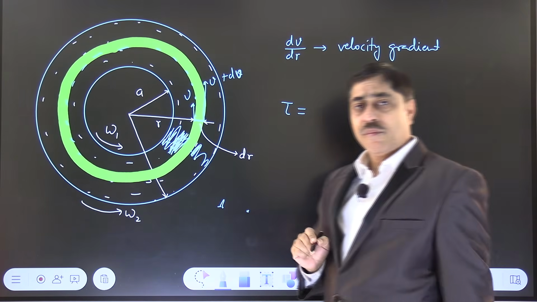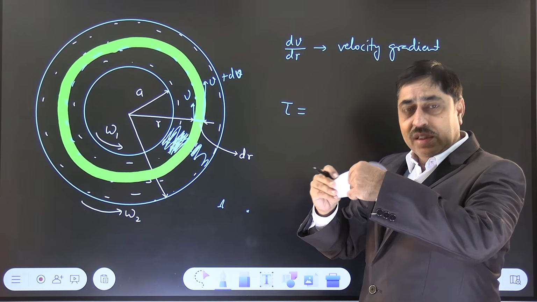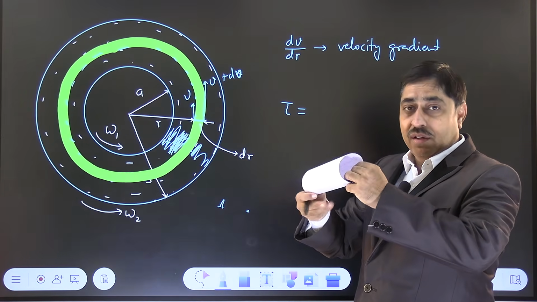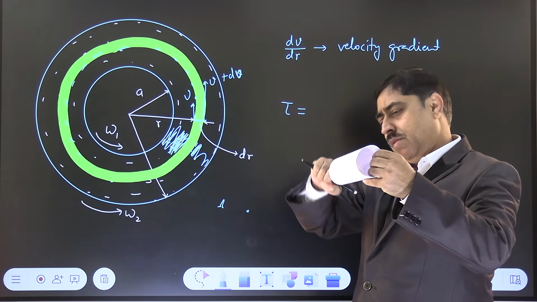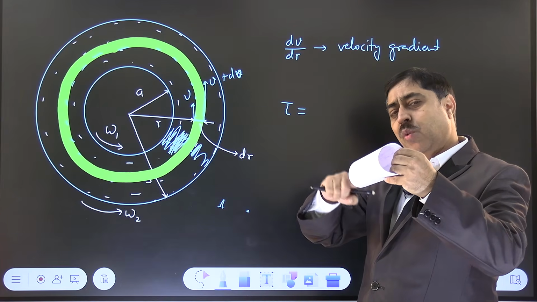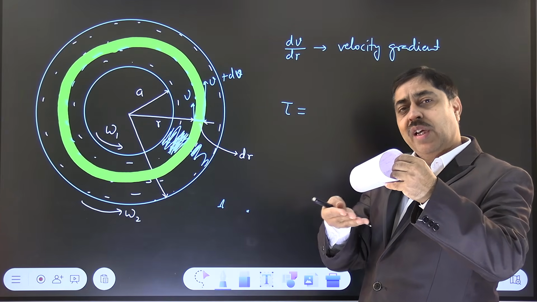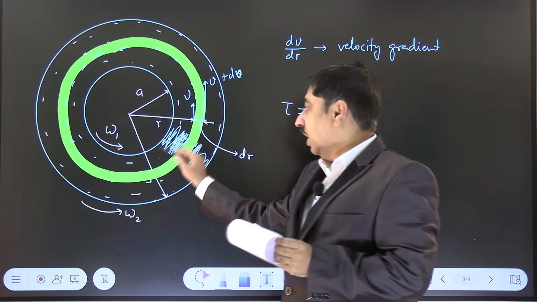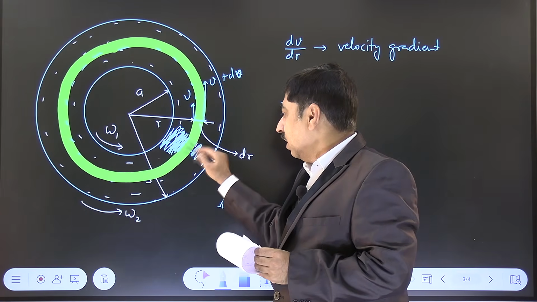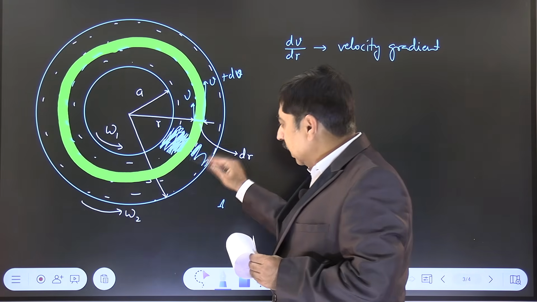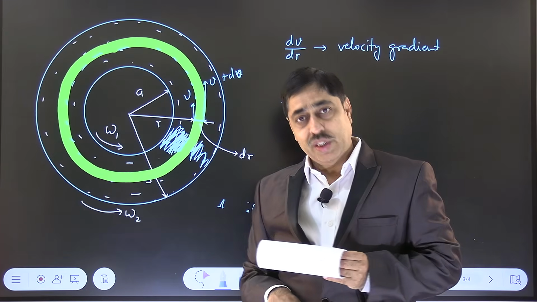Please be with me. This is the surface area which is slipping on another layer of liquid. You can think of liquid inside, you can think of liquid outside. As I said, this liquid is exerting force here. This liquid is also exerting a force here.